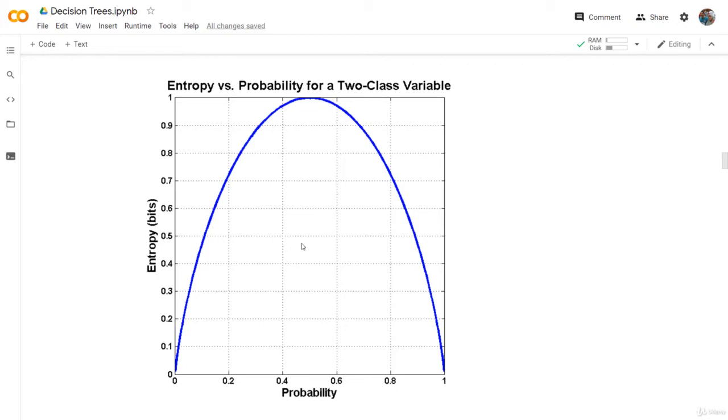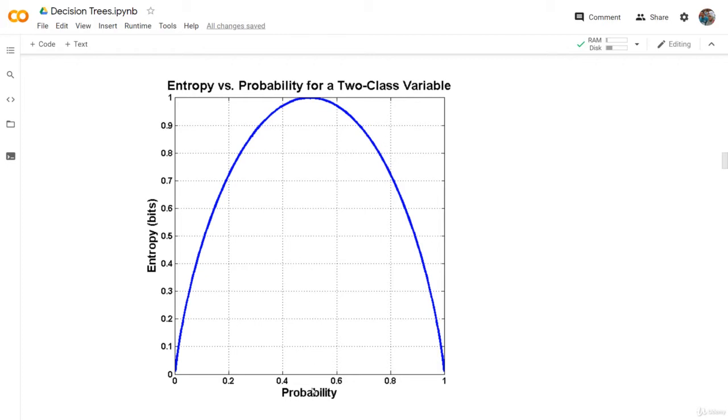But if I give you some kind of strange coin, and this coin has a probability of being heads 100%, so both sides of this coin are heads, in this case, if I ask you beforehand how much you are going to be surprised when I flip the coin, you will tell me I will not be surprised at all. So the maximum surprise will be when there is a probability of 0.5, right?